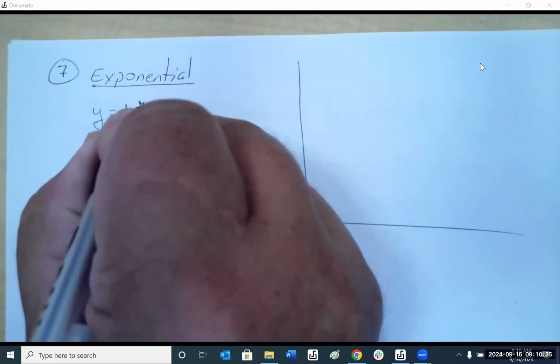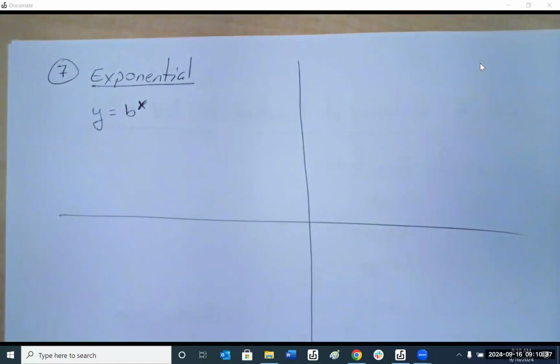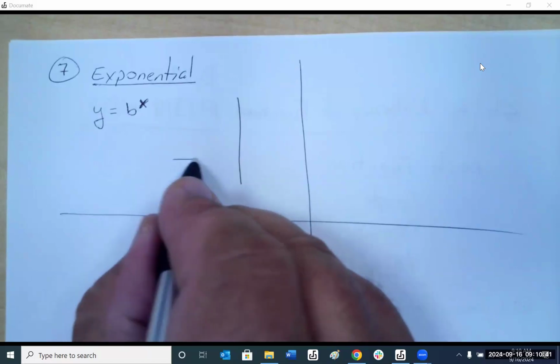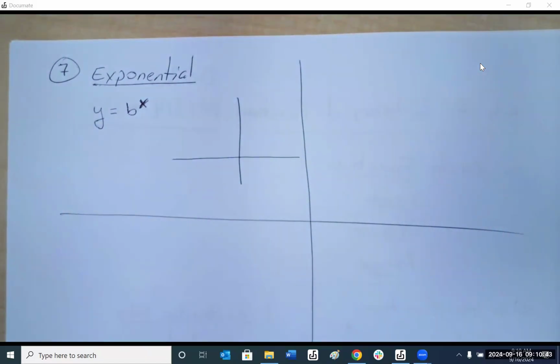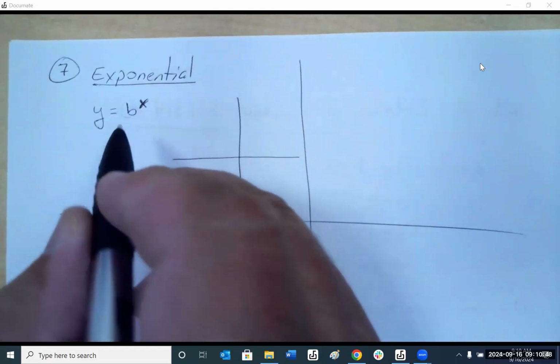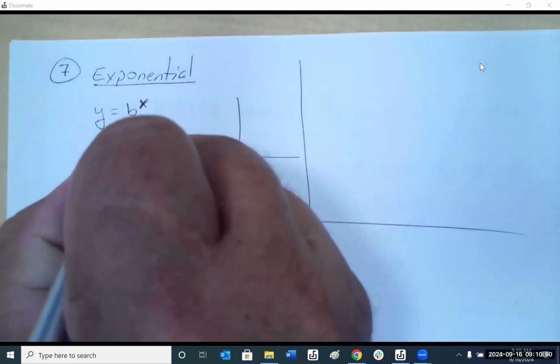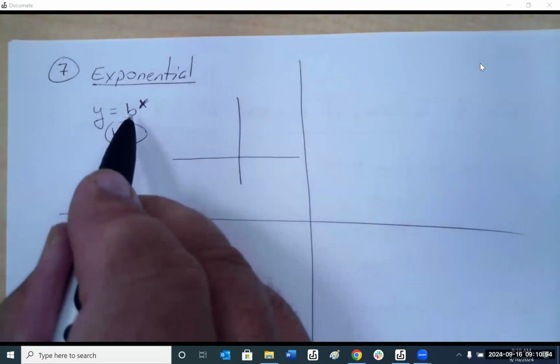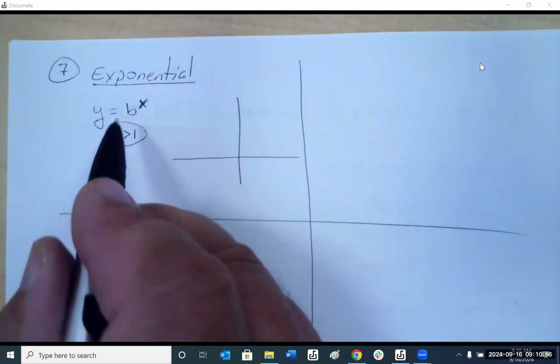Now the x is the exponent. An exponential is b is a whole number. B has to be bigger than 1. It can't be negative, cannot be 0, cannot be 1. It has to be bigger than 1.